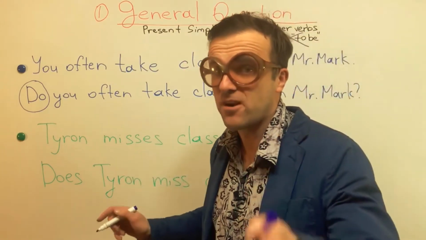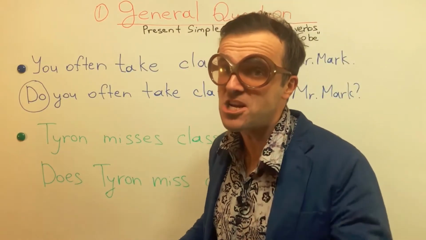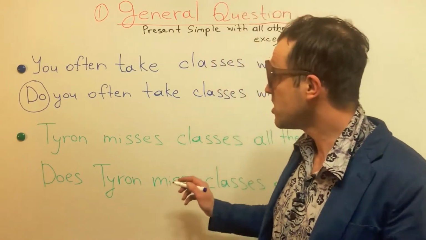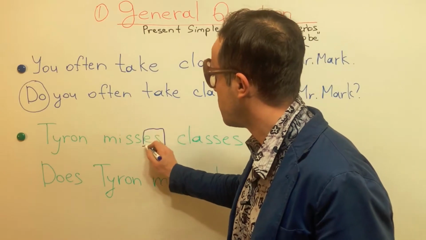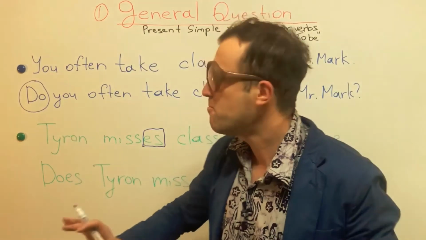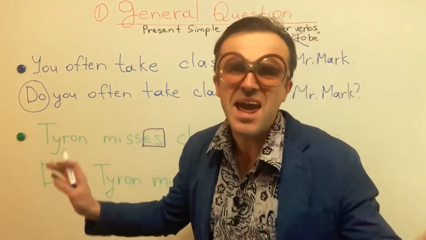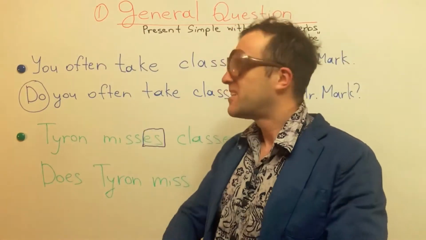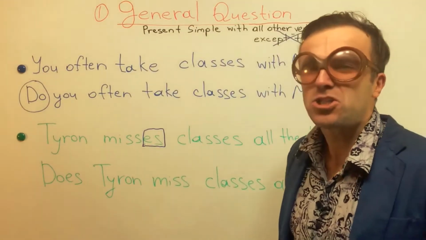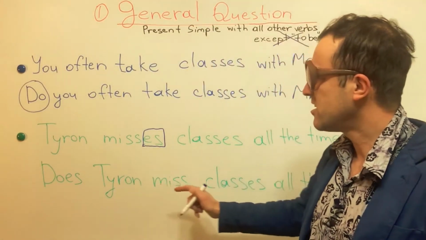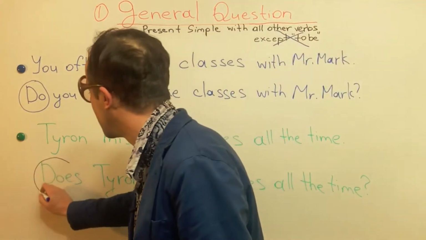In the third person singular, I mean he, she, it, we add es to the verb, any kind of word. Miss, misses, plays, does, writes, reads. Yes? It's es. So here in the question it should be does.